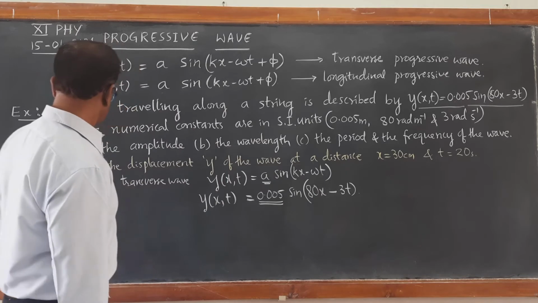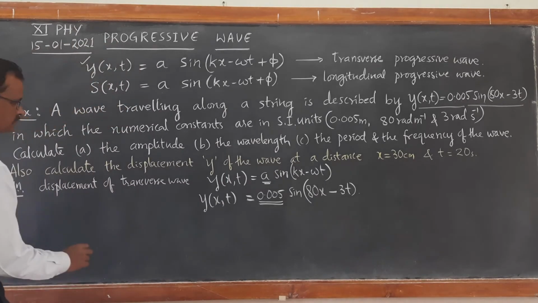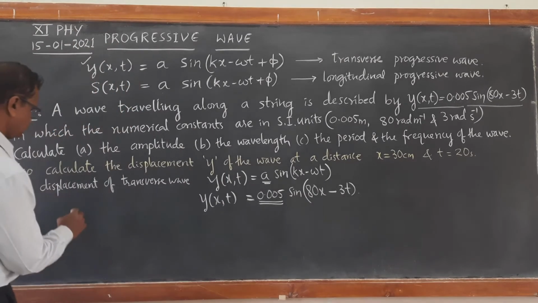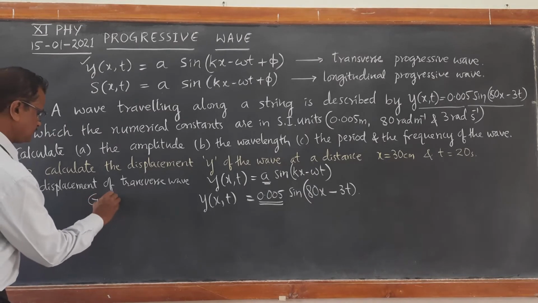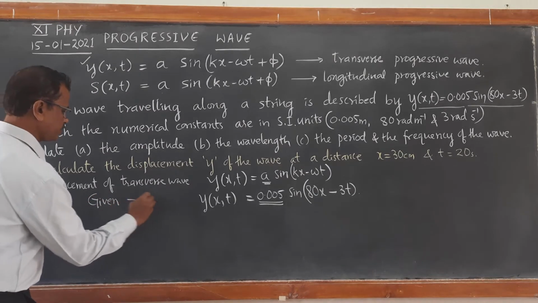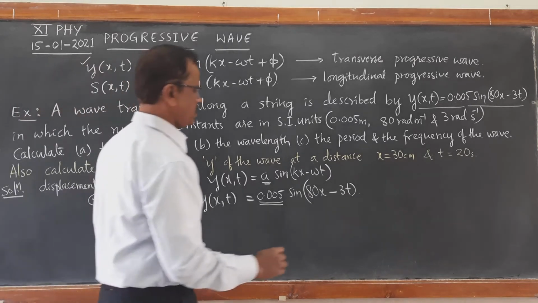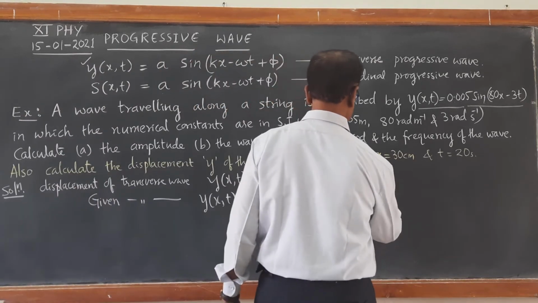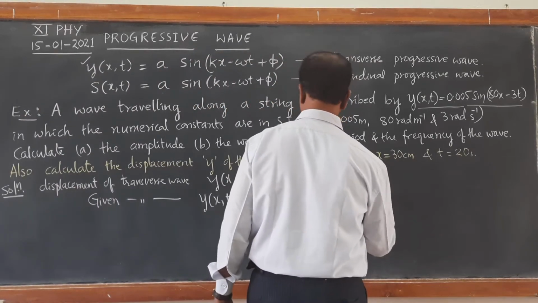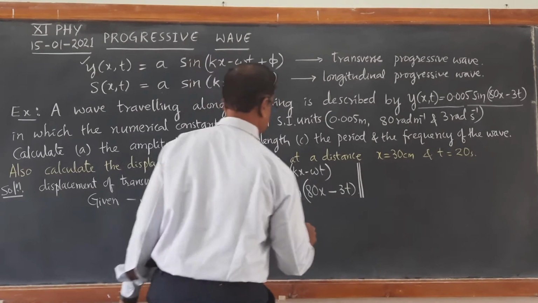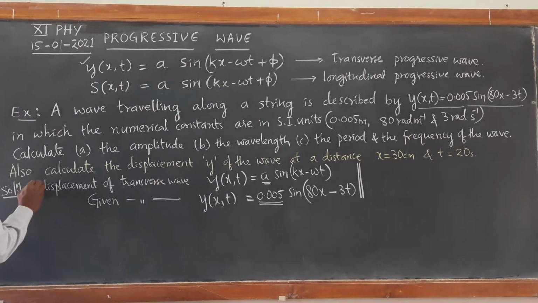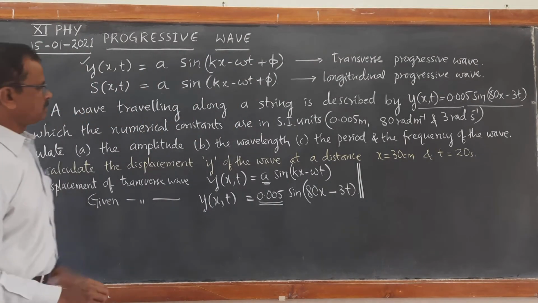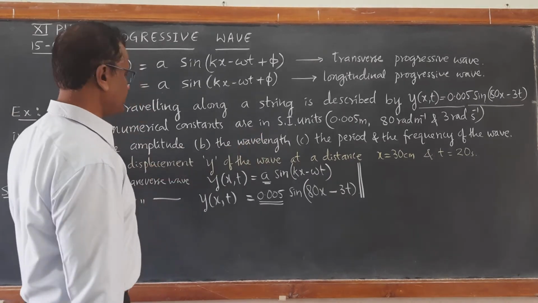So on comparing, this is the given transverse wave equation. So on comparison, I can write this is A. That is the first question, that is amplitude.